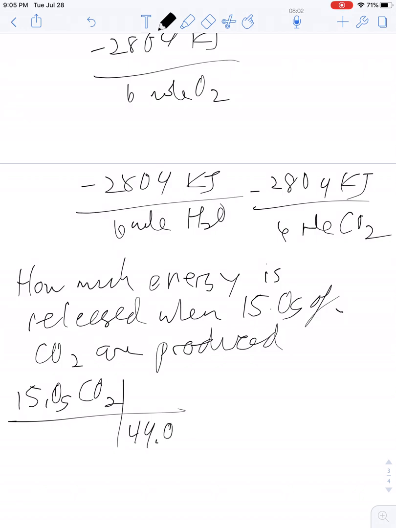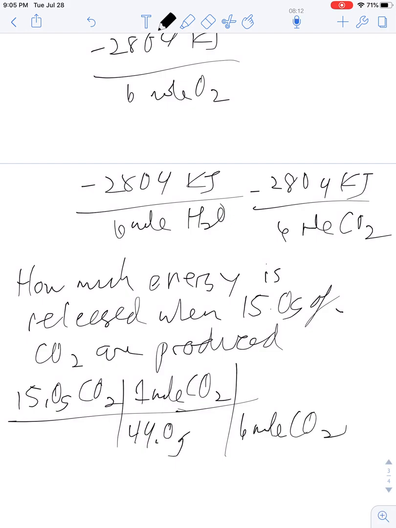Divide by the molar mass. Okay. And then for every 6 moles of CO2, you're going to get negative 2804 kilojoules. So then you just calculate that out. So negative 956 kilojoules with sig figs.